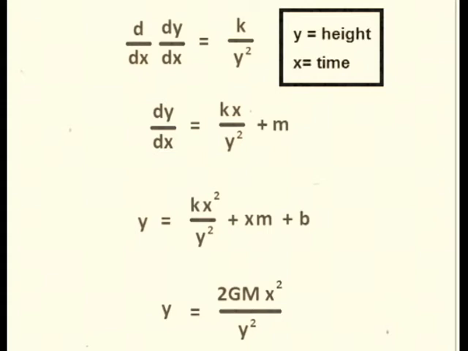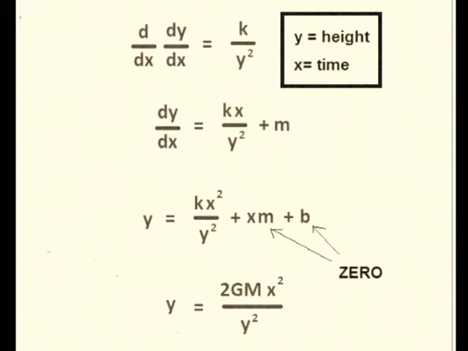We can do it again to get y equals kx squared over y squared, plus xm plus another constant b. Now if I get rid of the constants m and b by letting them be 0, I get y equals kx squared over y squared.